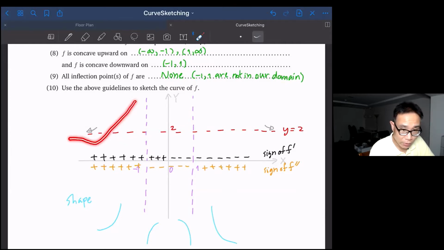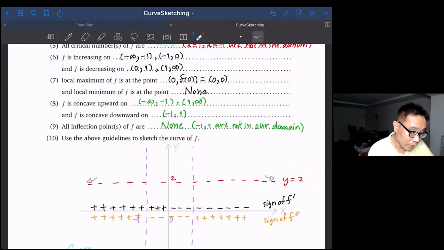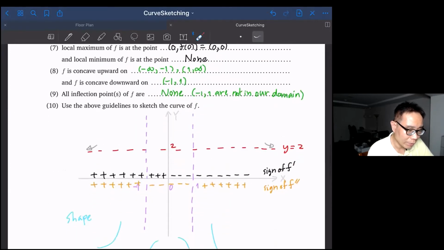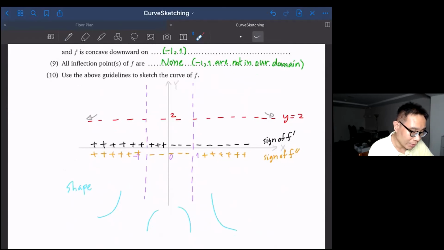We cannot, because if you have something like this, this guy would give you a local minimum, and we know that we don't have any local minimum at all. So it can't be something zigzag or anything.